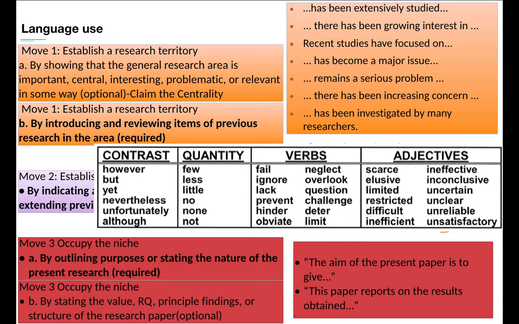The aim of the present paper is to do something, or the purpose, or the objective, whatever synonyms you can think of. Or you can also talk about them in a more descriptive way. This paper reports on the research, reports on the results obtained, blah blah blah.